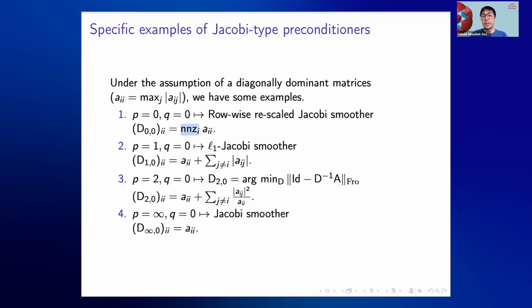If you set p equal 1, we obtain the L1 Jacobi smoother. If you set p equal 2, you get a matrix that solves a minimization problem. And if you let p go to infinity, we recover the traditional Jacobi smoother.